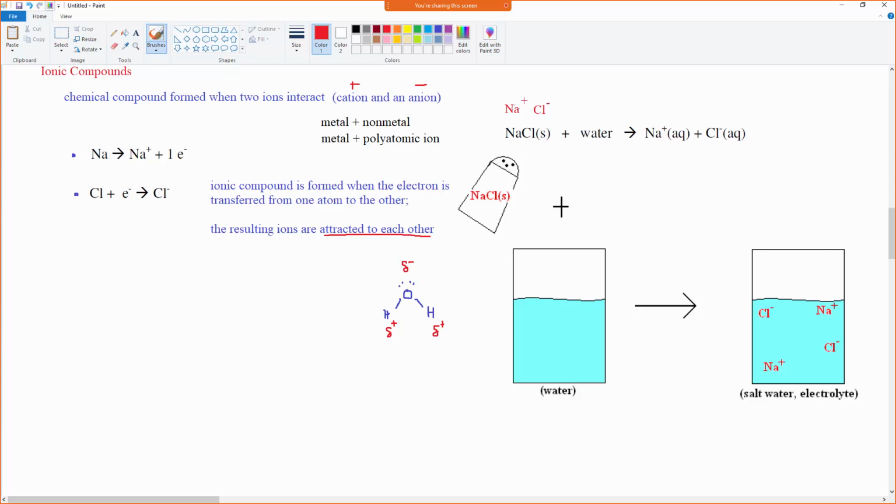And when you put salt in water, then the positively charged sodium ions are attracted to the partially negatively charged oxygens. And the negatively charged chlorine ions are attracted to the partially positively charged hydrogens in the water. Now, the one partial negative charge is never going to overwhelm the full negative charge here, right?